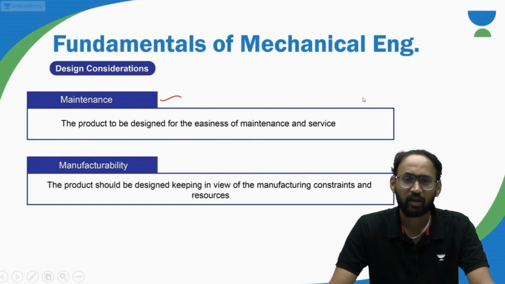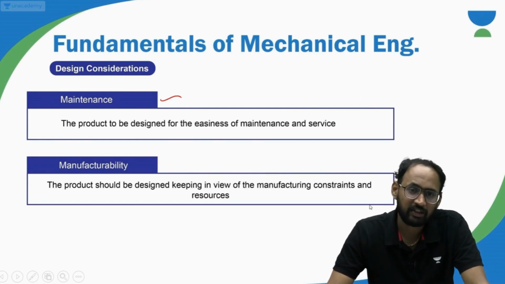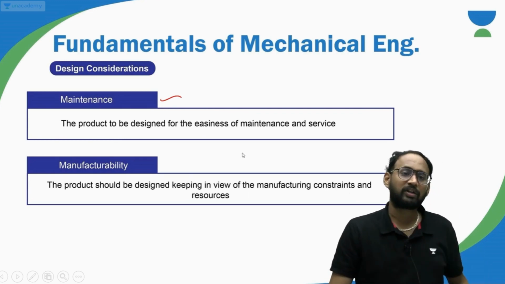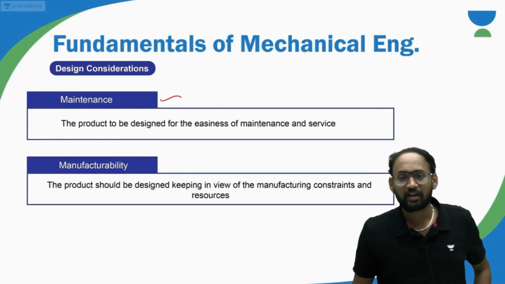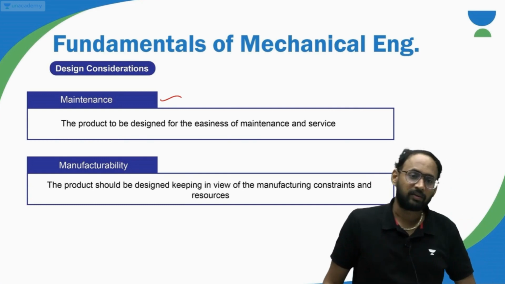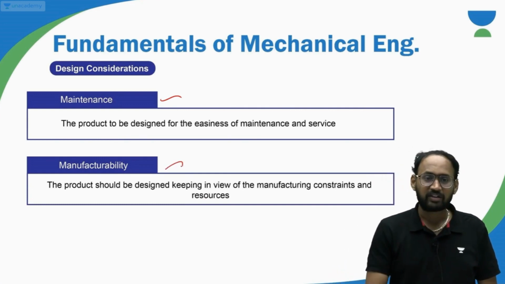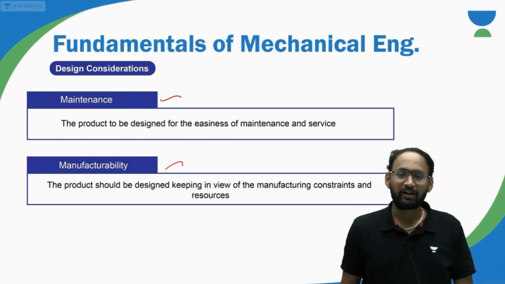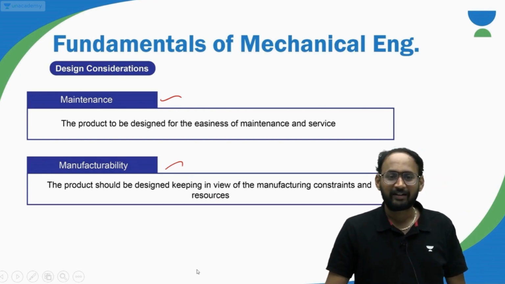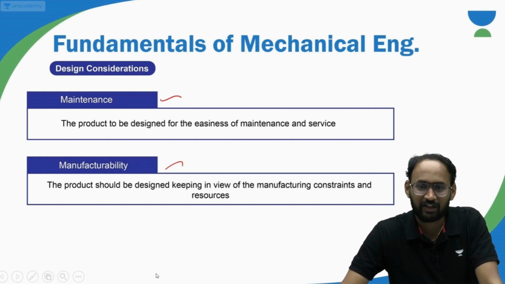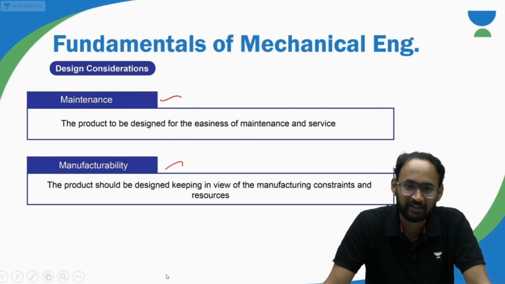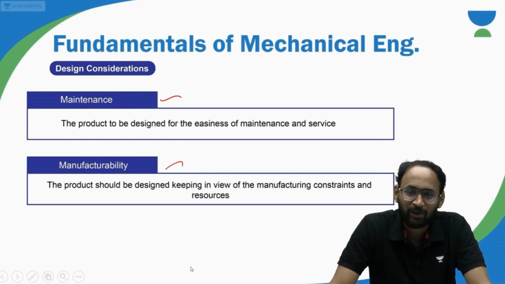So while designing a product, it's very important also to think what are the maintenance costs this product is going to incur. Okay, coming to the manufacturability, I think this is very important, because personally I've come across a lot of superb designs which could not be manufactured.